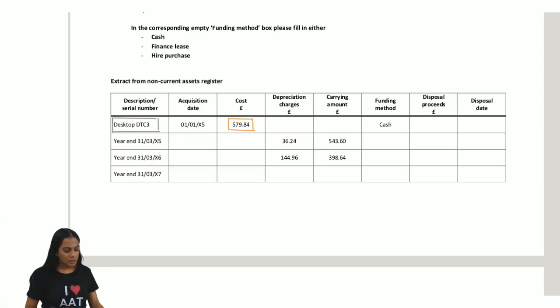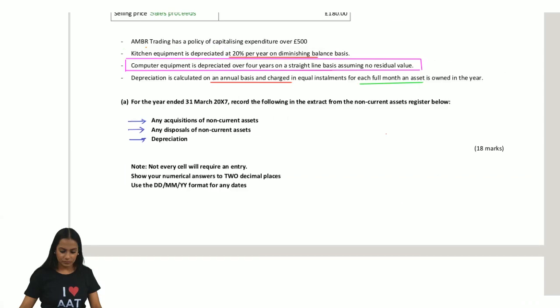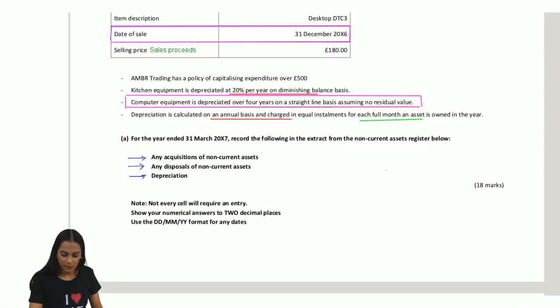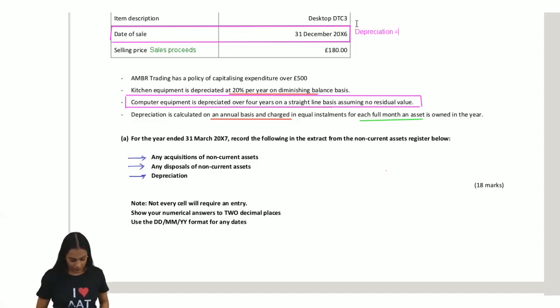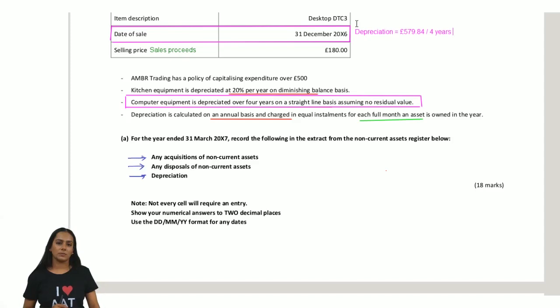We're going to be depreciating that over 4 years. So the depreciation is going to be, I forgot already, 579.84 divided by 4 years. That is going to give us 1 year's worth of depreciation.